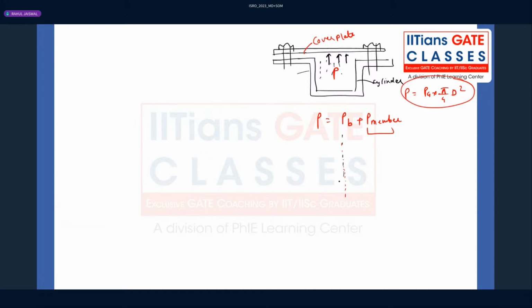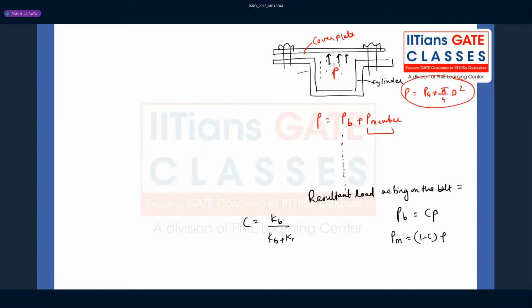The resultant load acting on the bolts will be CP, and the resultant load acting on the connecting member will be (1 minus C)P, where C is Kb divided by Kb plus Km. Kb and Km are stiffness, and C is the stiffness factor. Please refer to the initial pages of the Bhandari book. You will get what I'm talking about.